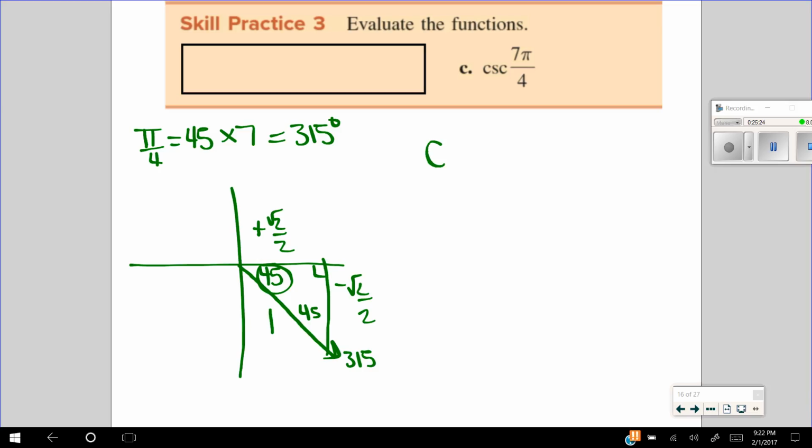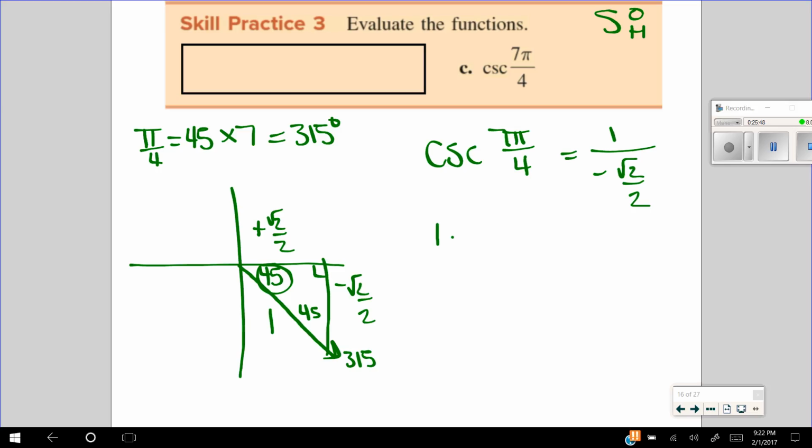And now cosecant is the reciprocal of sine. So if sine is opposite over hypotenuse, then cosecant is hypotenuse 1 over opposite, negative square root of 2 over 2. All right, gross. I'm going to have to fix this.